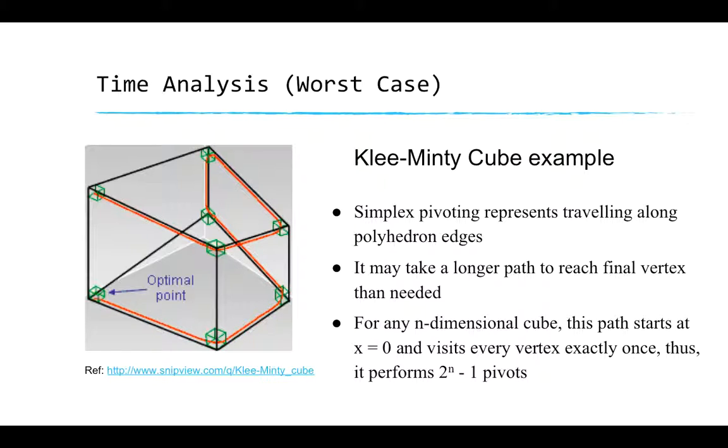For any n-dimensional cube, this path starts at x equals 0 and visits every vertex exactly once. Thus, it forms 2 to the n minus 1 pivots, noticing that, however, only one pivot is necessary to reach the optimal solution, in which the simplex algorithm requires 2 to the n minus 1 iterations.